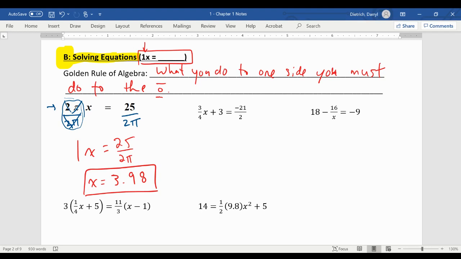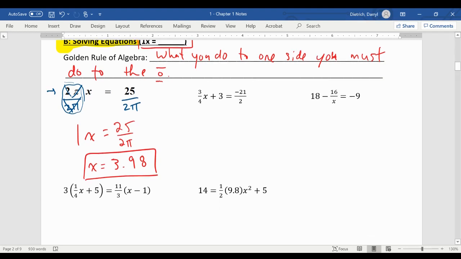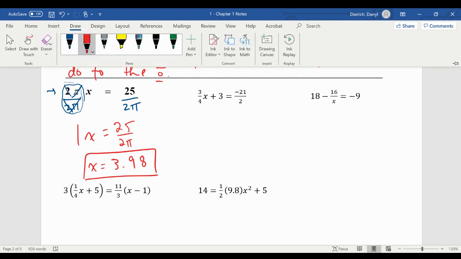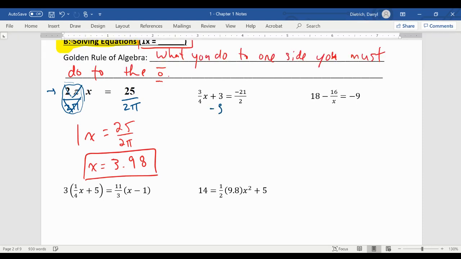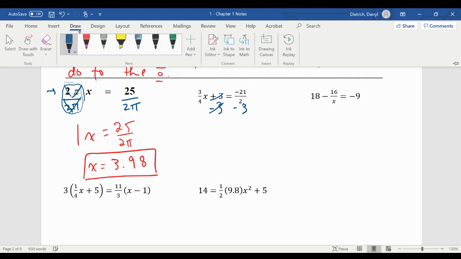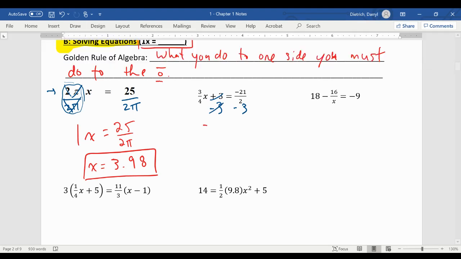Okay, so moving on to the next example. Right now we have 3/4 x plus 3 is equal to negative 21 over 2. Okay, so the first mathematical operation I'm going to do is get rid of the 3 that's on the same side as the x. Okay, so I'll put that in blue, and I want to do that because positive 3 minus 3 is going to leave me with 3 over 4x on the left side.